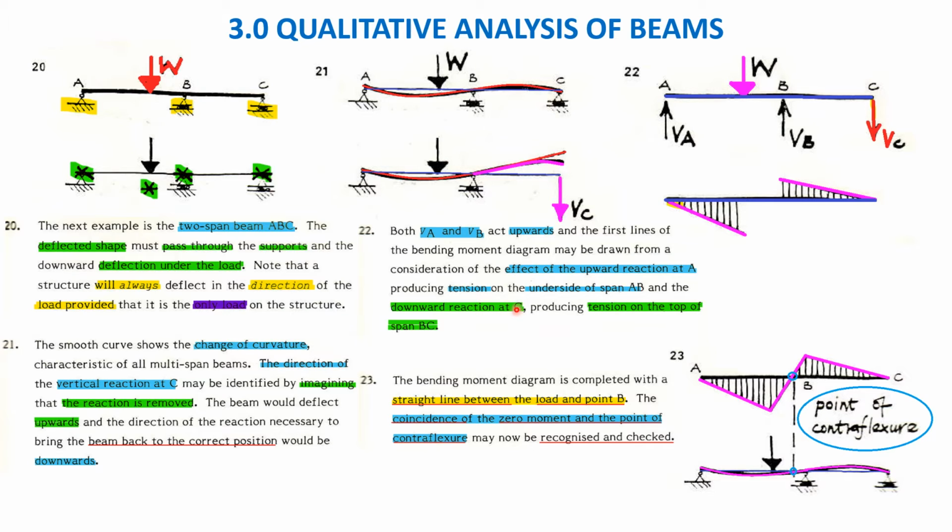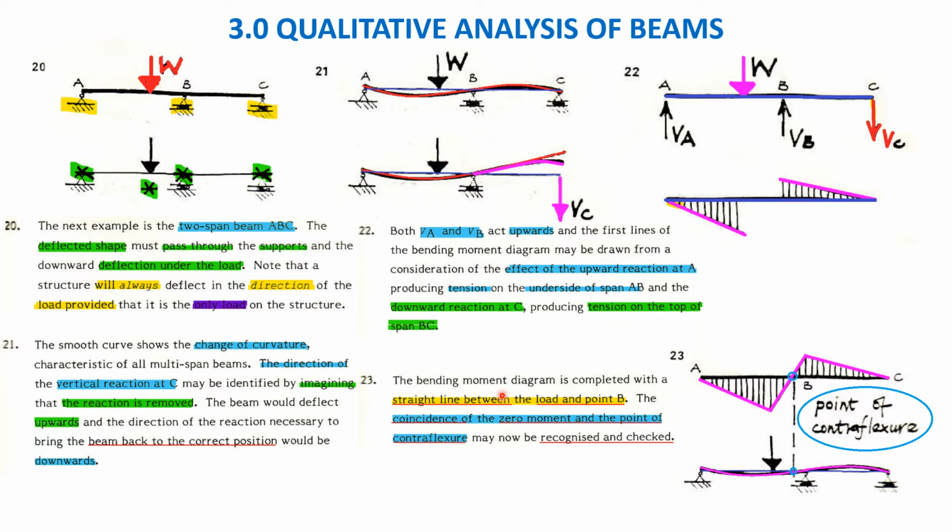And the downward reaction is producing tension on the upper side, the top of the span. So it would come like this, and it would come like this.